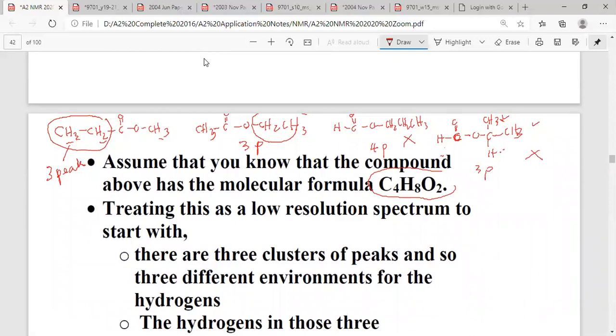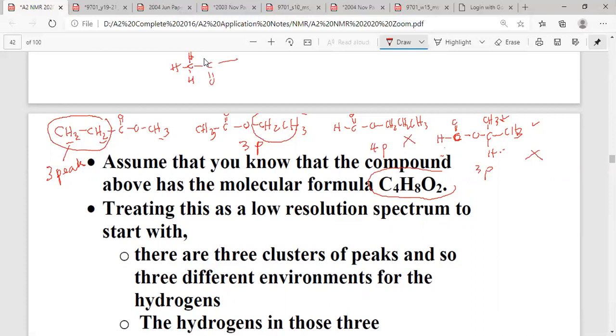So how do we recognize which of the two? Very simple. Look at the hydrogens here. This one here is a CH attached to a C=O.